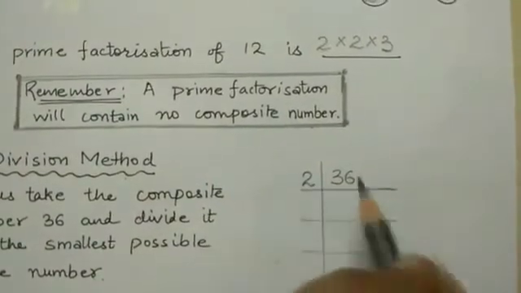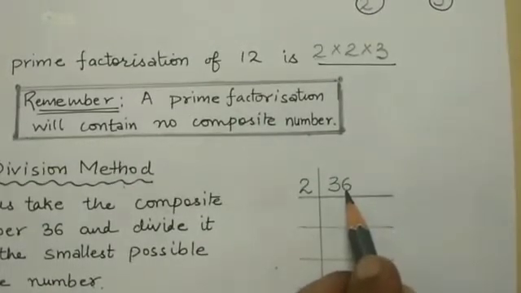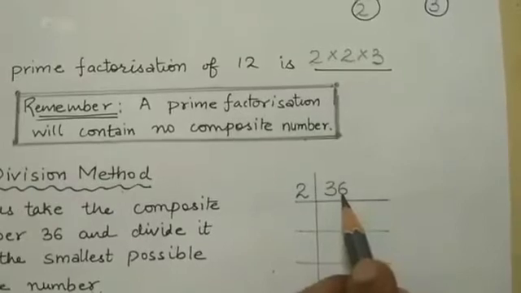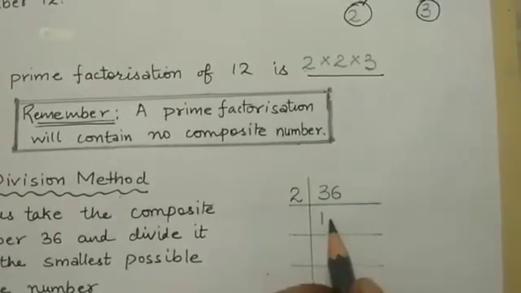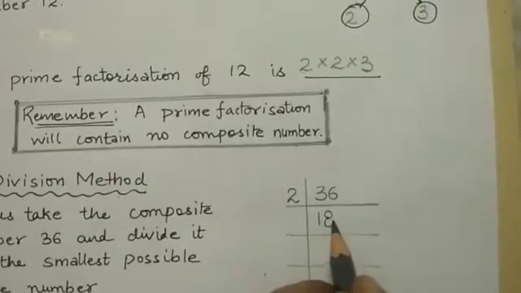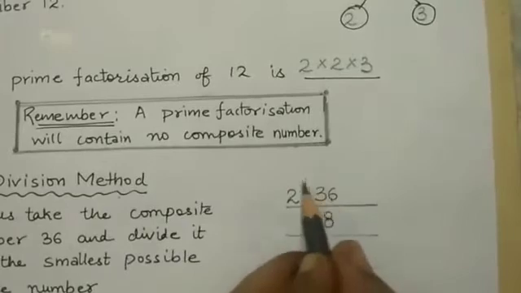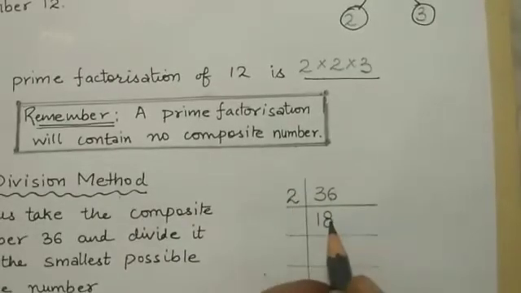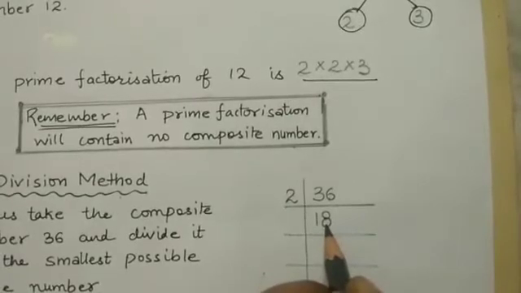We will observe that the number is an even number, so it is divisible by 2, and 2 multiplied by 18 gives 36. That is, if we divide 36 by 2, we get quotient 18.